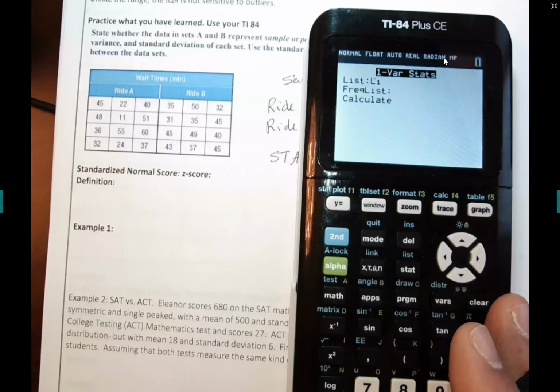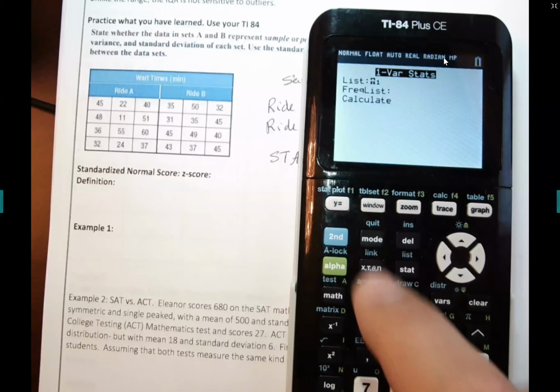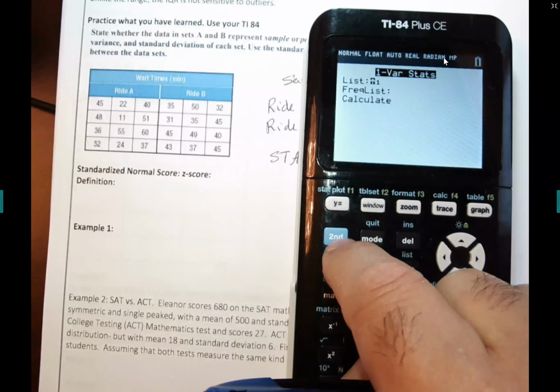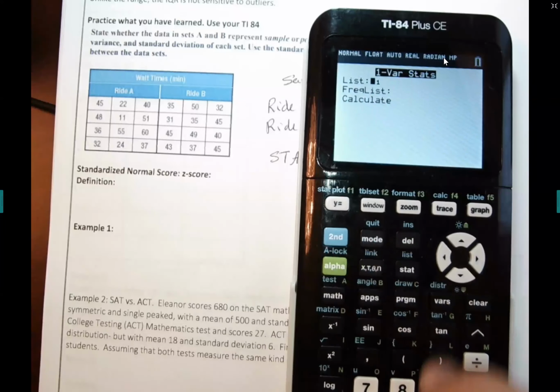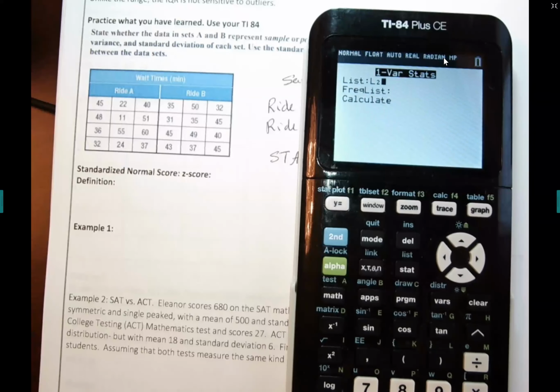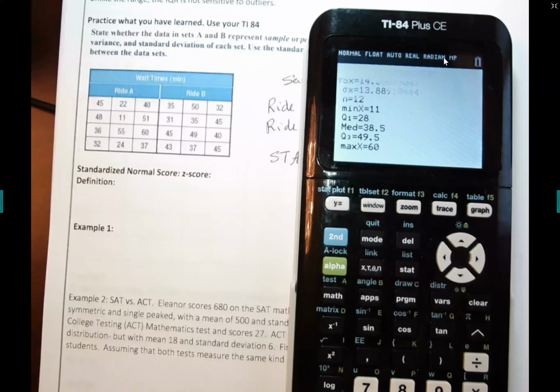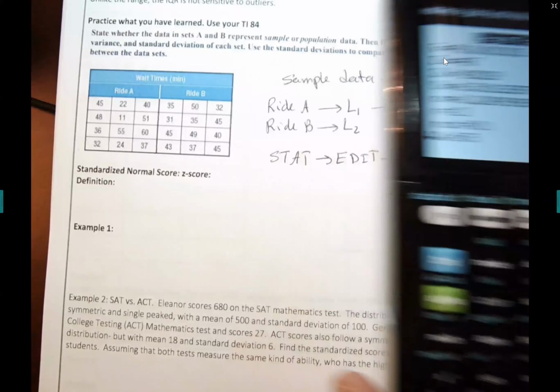If you see my screen, you just go to L2: press the second key and then number 2. I demonstrated that last time. Now hit calculate, and S is 6.50.